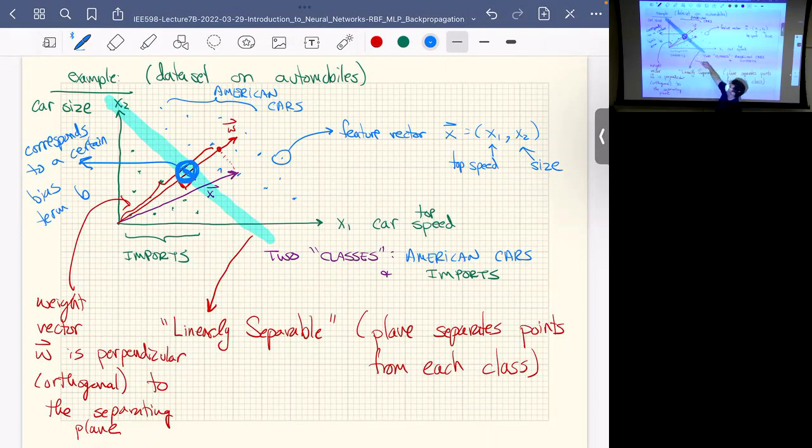When their dot product is greater than that bias term, they will be above the plane. And that's how a binary classifier works. So that's what's going on here.